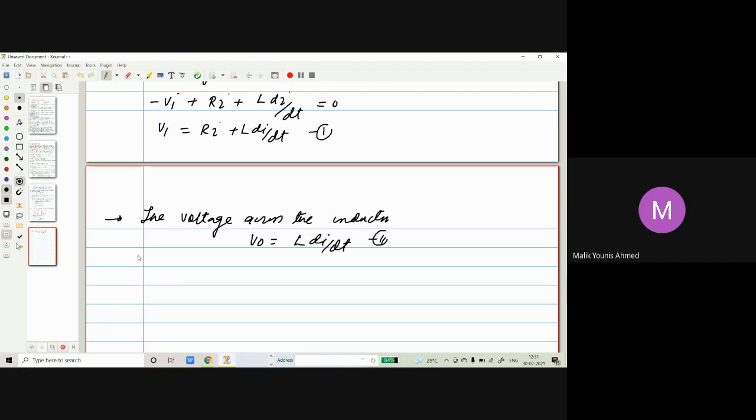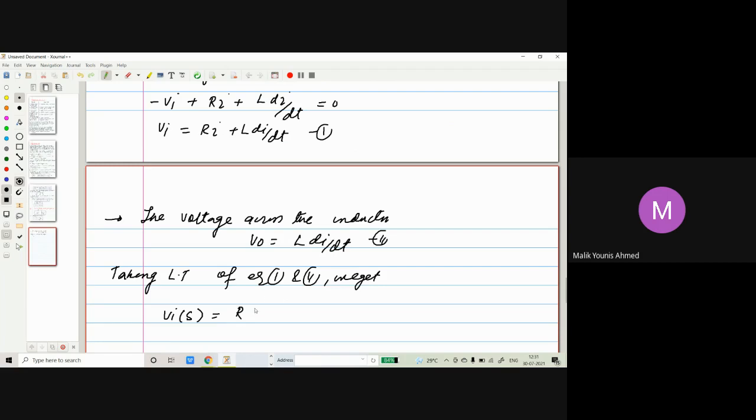Now let's take the Laplace transform of equation 1 and 2. We know how to take Laplace transform. So Vi in the time domain will change to the S domain. R will remain as it is.